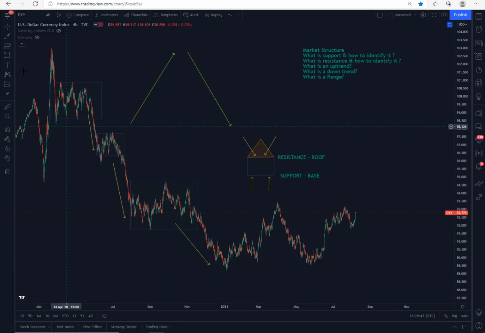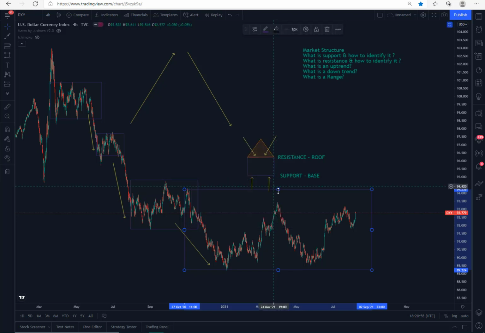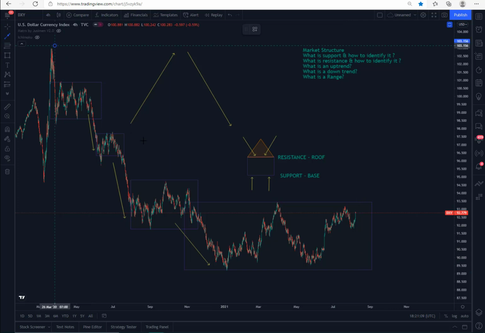Now, generally, you would look at this whole entire area and also say that this is a bigger trading range, because price was basically trading within this zone over here. However, if you look at the bigger picture from the top all the way down to the bottom, you can see that this is a huge downtrend.